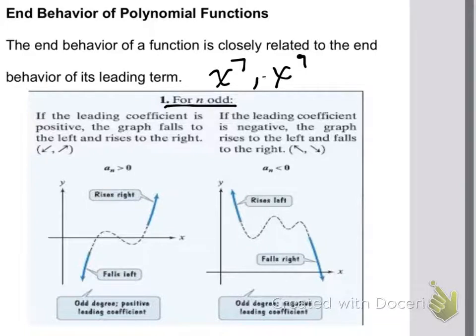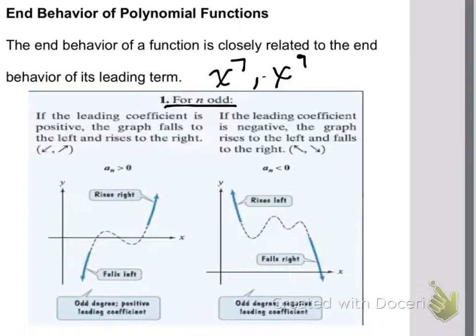So when you have a positive leading coefficient, you're going to start down and you're going to end up. When the leading coefficient of that odd degree polynomial is negative, you're going to start up and end down.